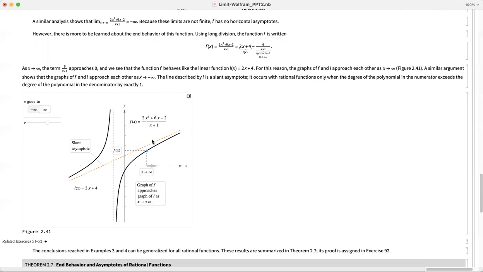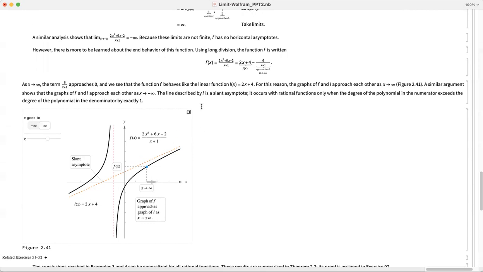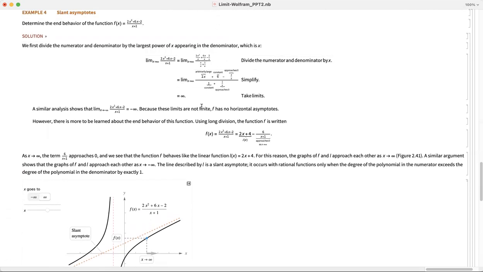That asymptote is called the slant asymptote. It's kind of oblique, right? How can you get this? When we evaluate the limit of f of x as x approaches infinity or negative infinity, we just got infinity, negative infinity. But when you do this, we have to take a look at f of x.